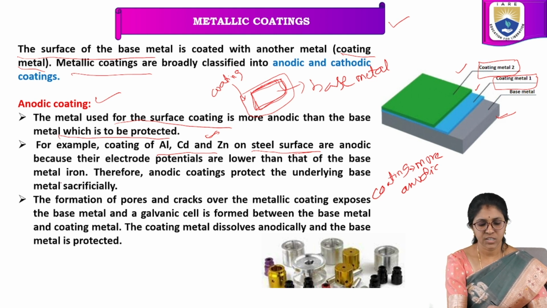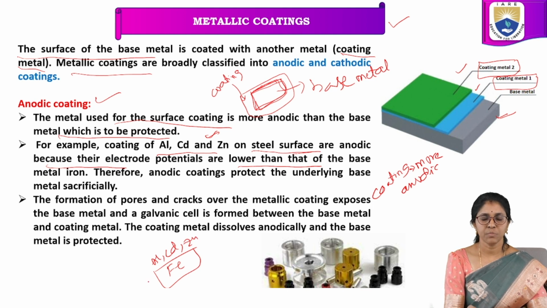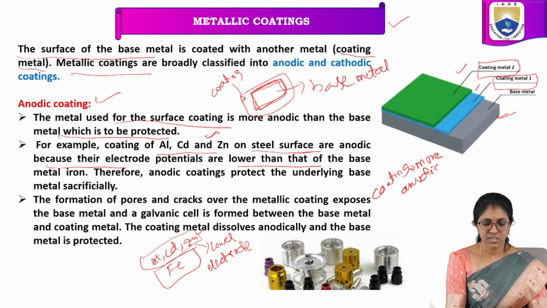These are anodic because the electrode potentials of aluminium, cadmium and zinc are lower than that of the base metal, that is iron. So we are coating aluminium or cadmium or zinc on the iron metal. These three metals have lower electrode potential than iron, so they act as anodic coatings to the iron.